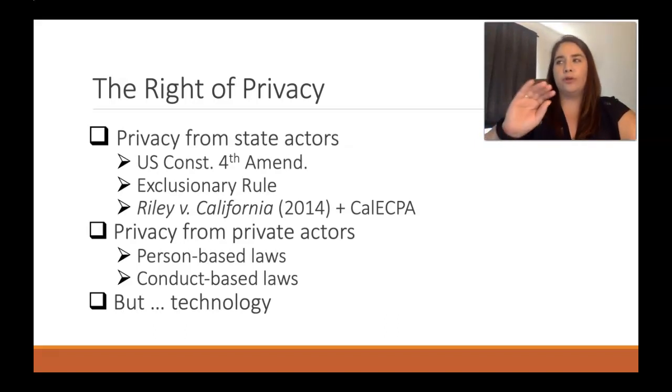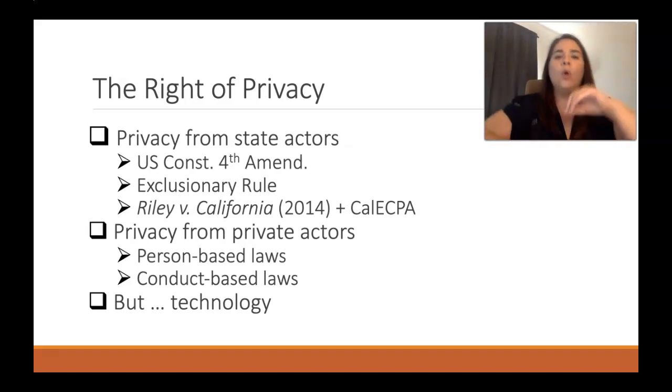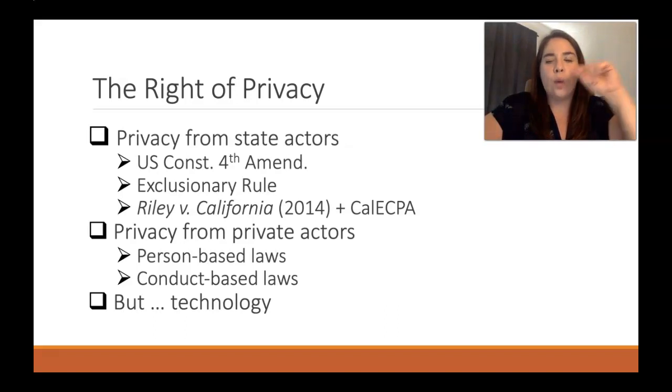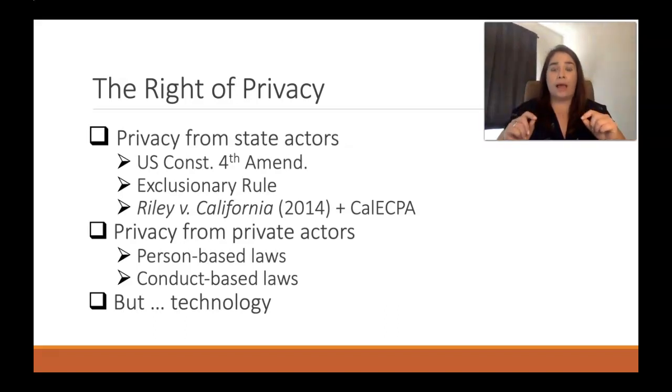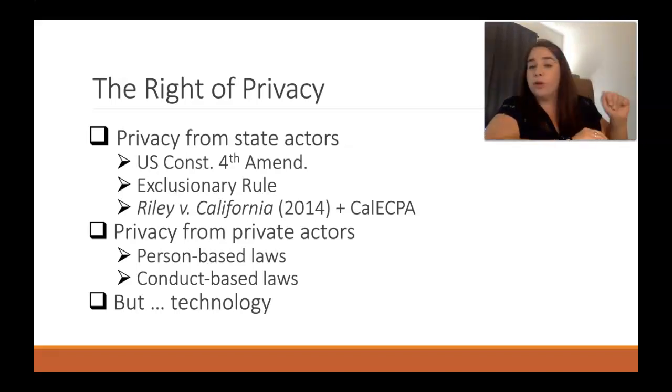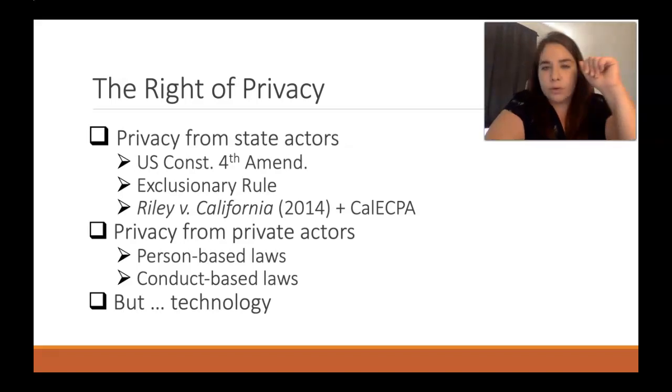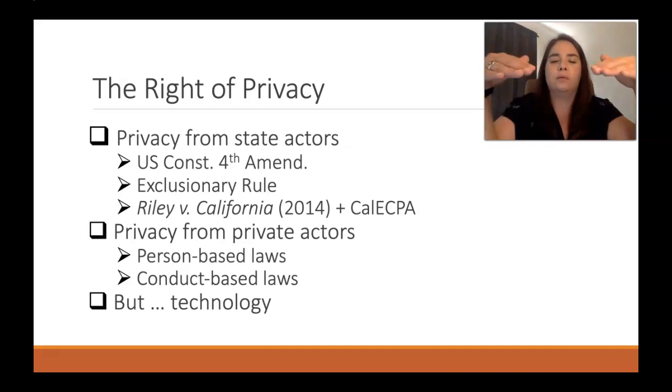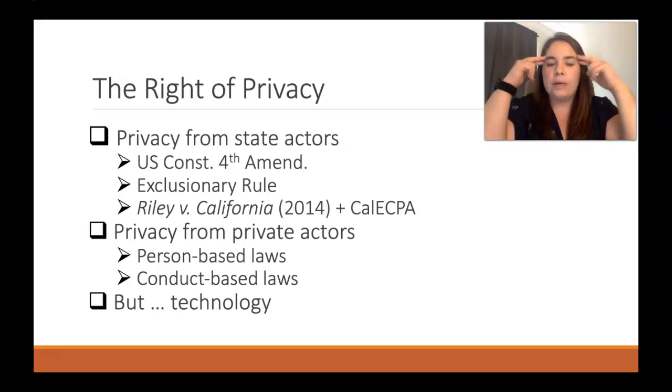It's illegal for you to post it, send it, give it to other people without that person's permission. So while there are areas of your lives that are protected from other regular people, those are, again, passed and utilized at the state level and at the federal level.